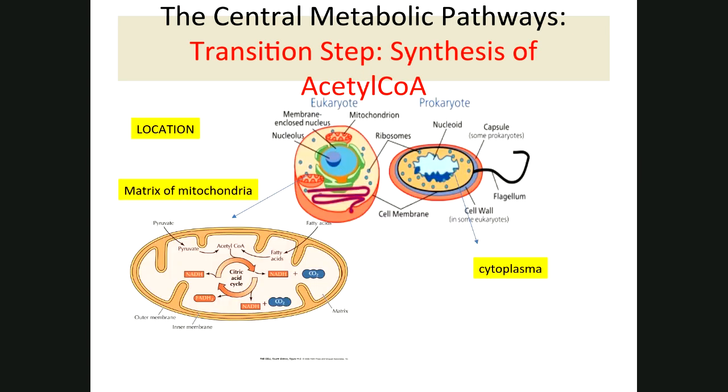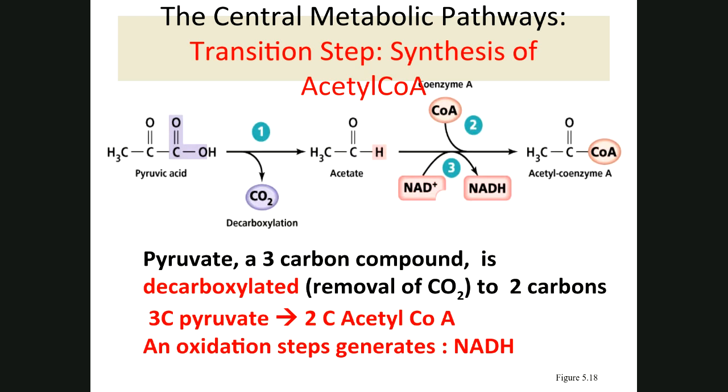So this is showing you the matrix of the mitochondria, and here is the pyruvate coming in, and this is the intermediate step, converting pyruvate to acetyl coenzyme A. So this step is actually very simple. Here's pyruvate, a 3-carbon compound. Remember, there's going to be 2 of these that were made in glycolysis. So this pathway will happen twice per glucose molecule.